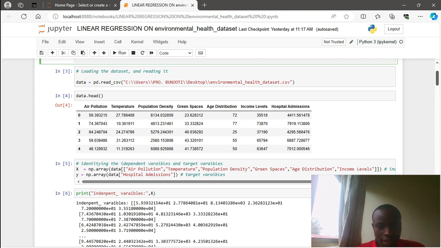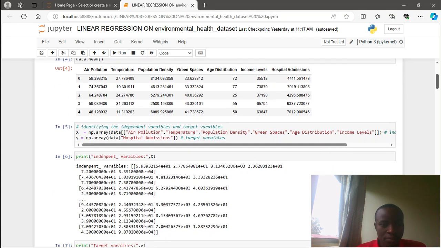Then I had to identify the independent and target variables from the data set.